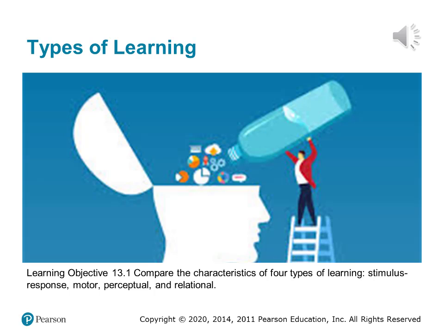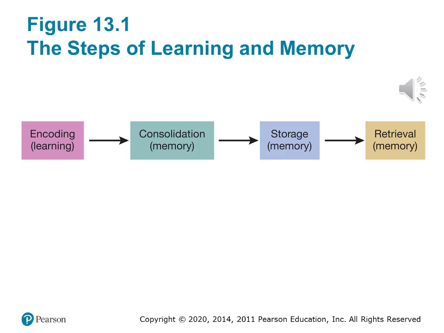There are four basic forms of learning: stimulus response learning, motor learning, perceptual learning, and relational learning. The four major steps in learning and memory include encoding, memory consolidation, storage, and retrieval.